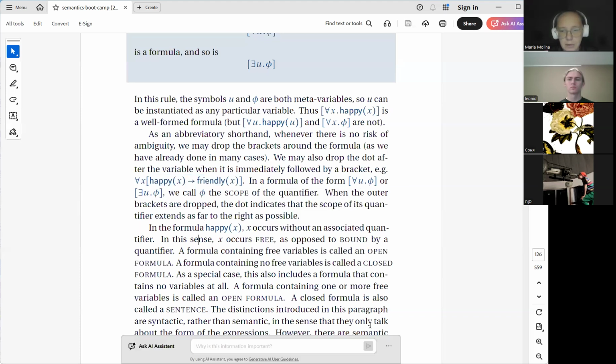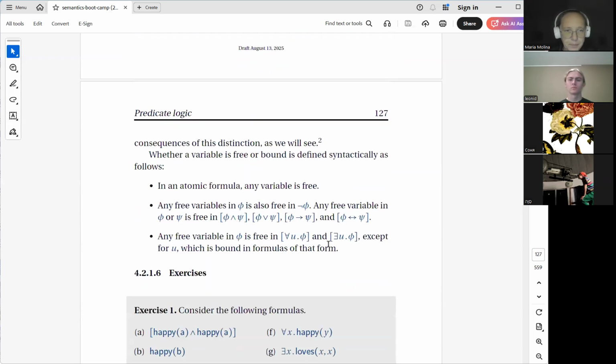If we had y over here, well, I'm not sure if it's possible. If we've got y in the formula, y would be a free variable, right? You see, because the bound variable is x here. Are we good? Mm-hmm. Yeah.